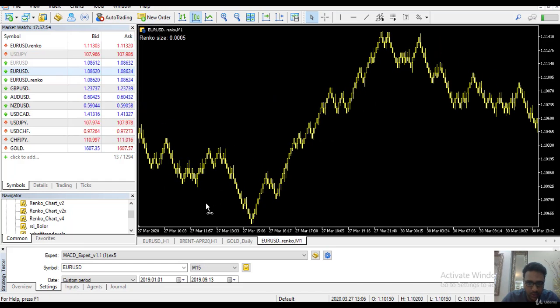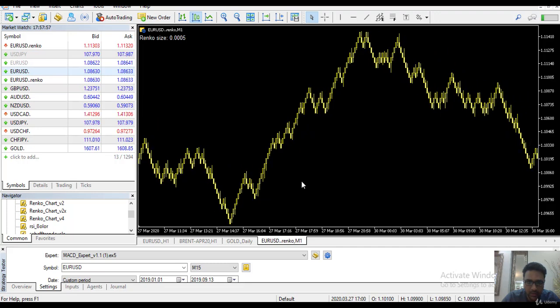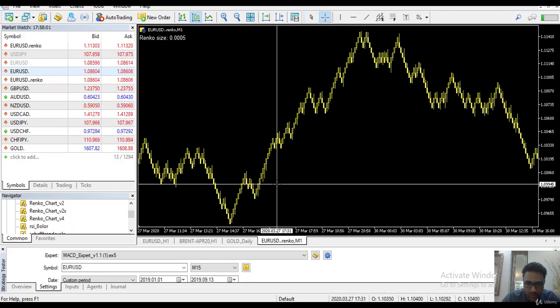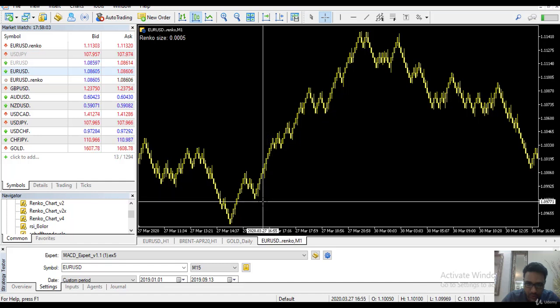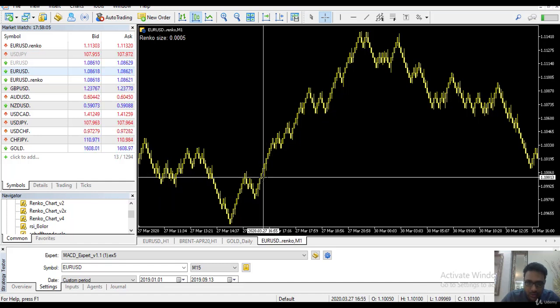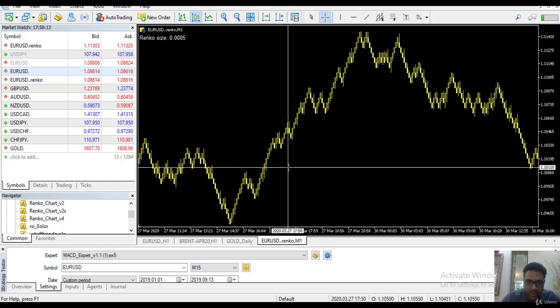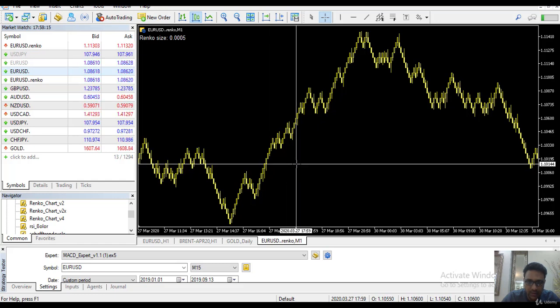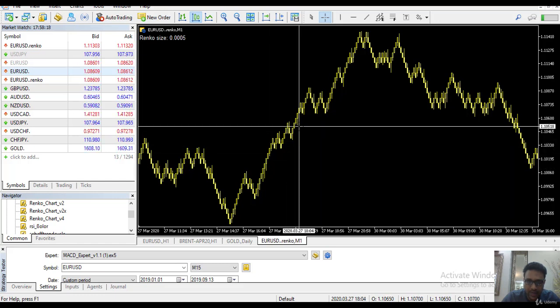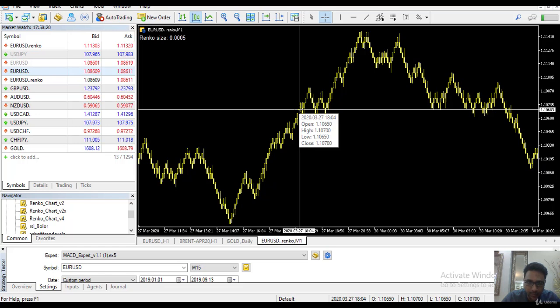So what we were doing was looking at 27th March. So this is here. That candle we were just looking at for the 1 hour time frame was from this area till the end of 18th, roughly about here.